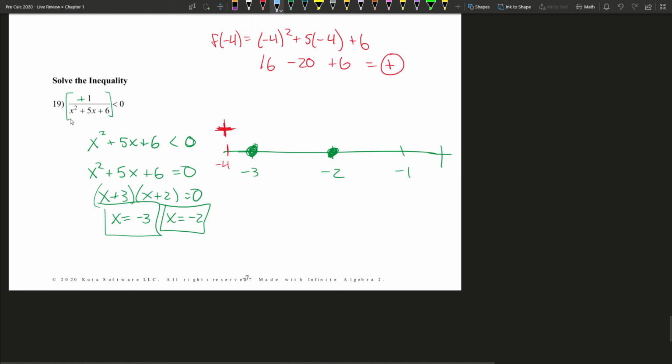Then we test something in between. Say negative 5 halves. Right, that's 1/2 less than negative 2. Or negative 2.5 if you want to call it that.